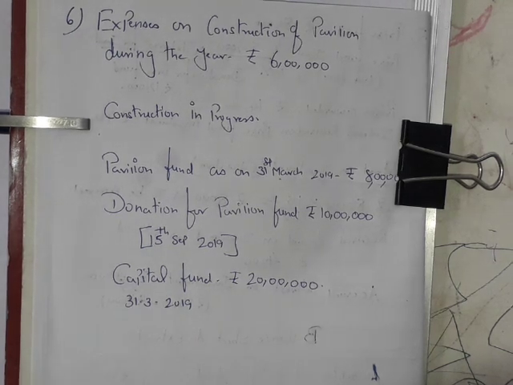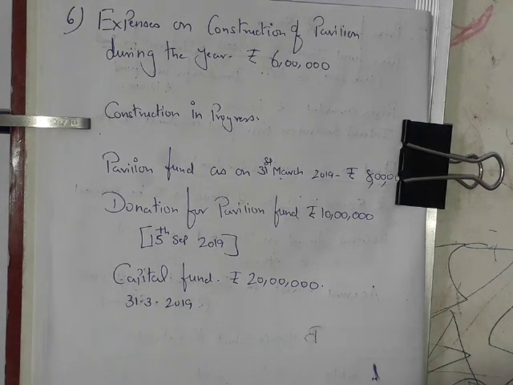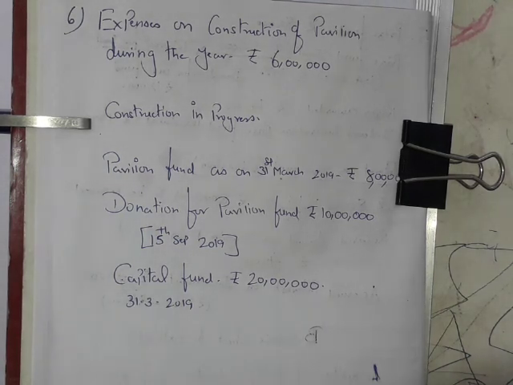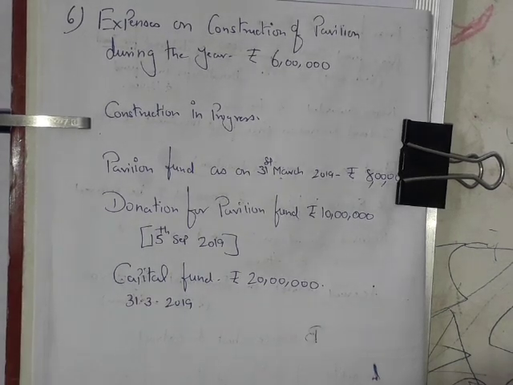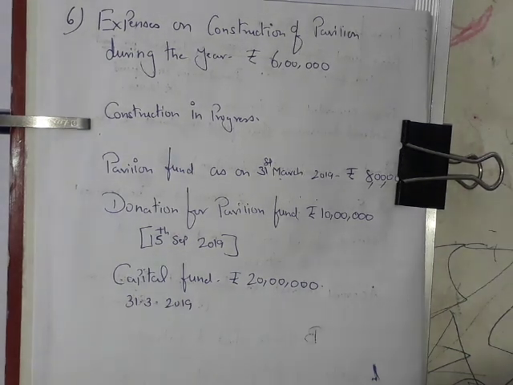So from this 8 lakh you are spending some amount for the construction of the pavilion, which is 6 lakhs. And it was said very clearly in the question that the construction of this pavilion has not been completed yet. It is still in progress. Which means as of now you have spent 6 lakhs. You might be spending some more in the near future. Even for that, you have to make use of this pavilion fund only.